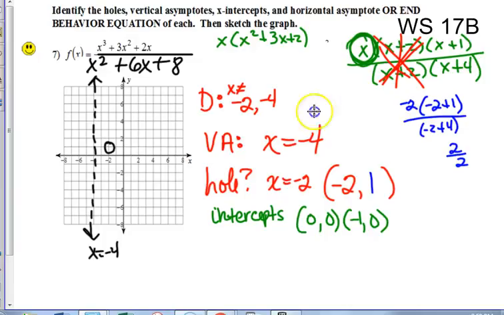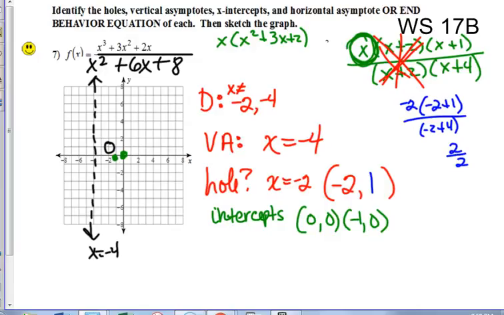Now, if it's already going through 0, 0, do we know the y-intercept already? That is the y-intercept, right? Otherwise, if you plugged a 0 in here, you'd get 0 times 1 divided by 4, which is 0. Okay. What do we got left?